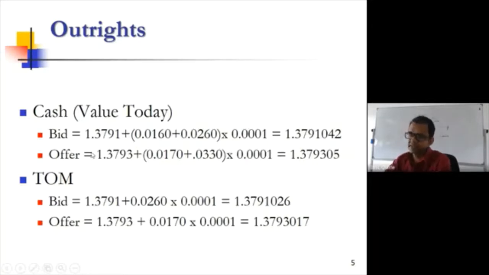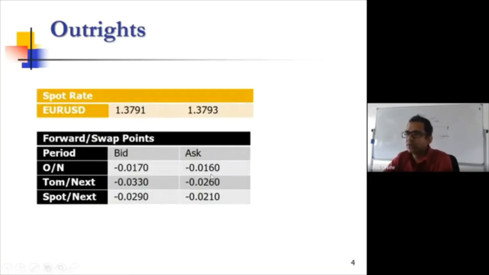We use the same principle to calculate the term rate, but now you need only a 1-day adjustment from spot to go back 1 day in time. So therefore we use only Tom next swap points, but still we change the sign and proceed over bid and offer.